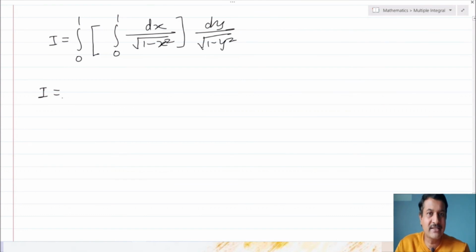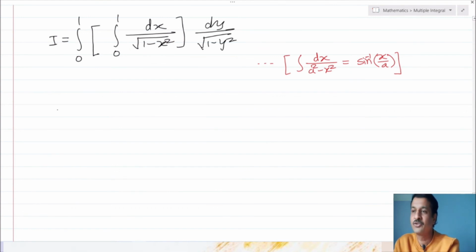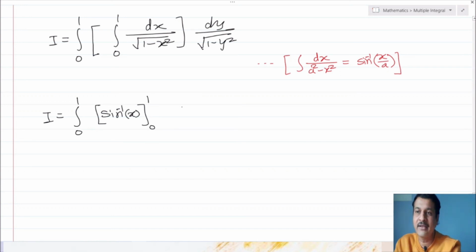So only the bracket you consider as a single integral and evaluate with respect to x. As we know by the standard integration, it is the integration of sine inverse x. So I am getting I equal to integration 0 to 1, sine inverse x, lower limit 0, upper limit 1, and dy upon under root of 1 minus y square as it is.